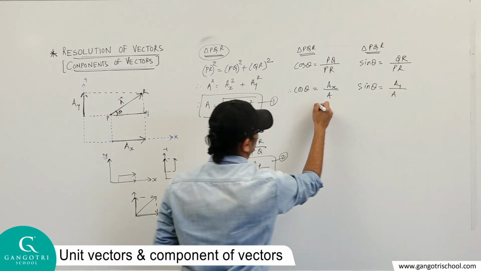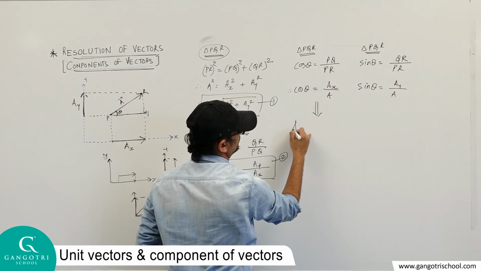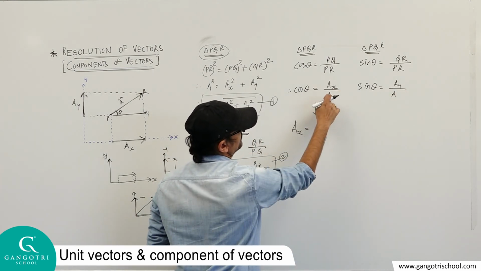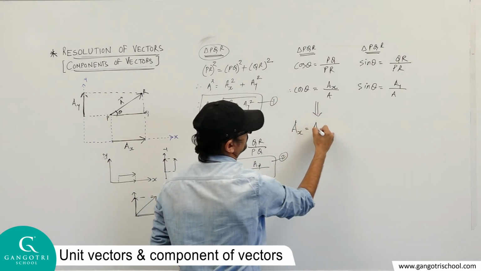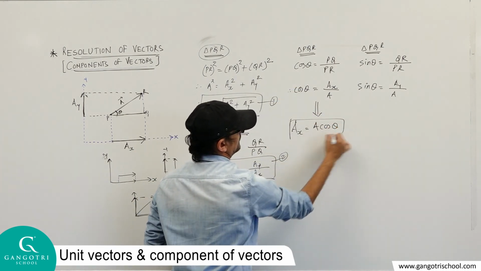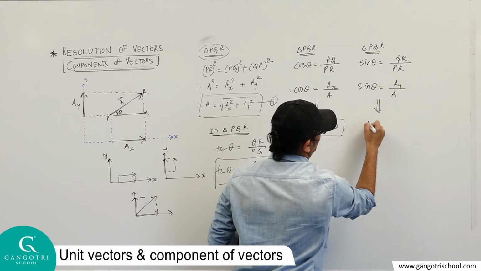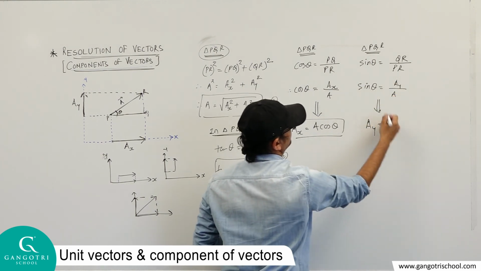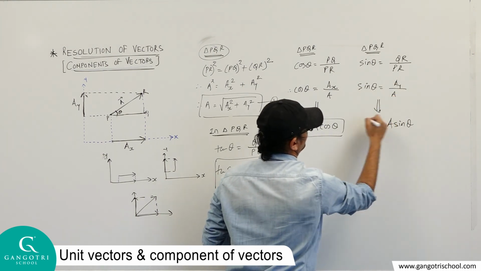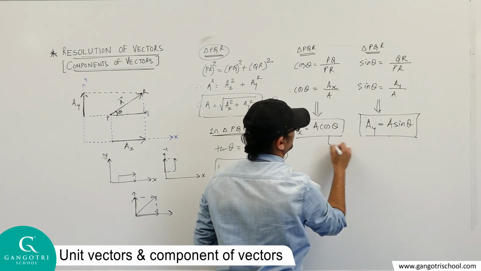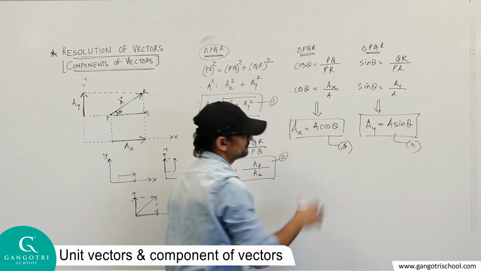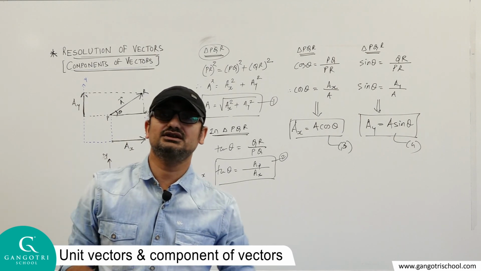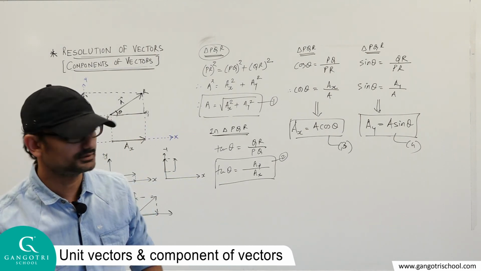So from this equation, A will go to the left hand side in multiplication with cos theta: AX equals A cos theta. And from this equation, AY equals A sin theta. Now this is our equation number 3 and this is equation number 4. These equations are the equations to find the components.